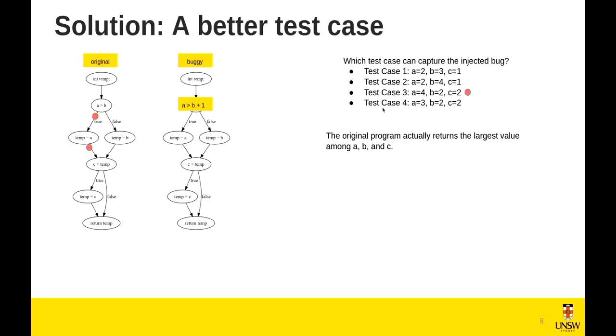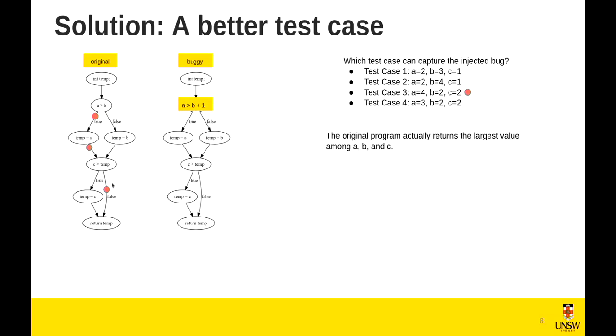So in the original program, 4 is larger than 2, so it takes the true branch for the first if. And C is smaller, 2 is smaller than 4, so we'll take the second if condition with the false branch here.